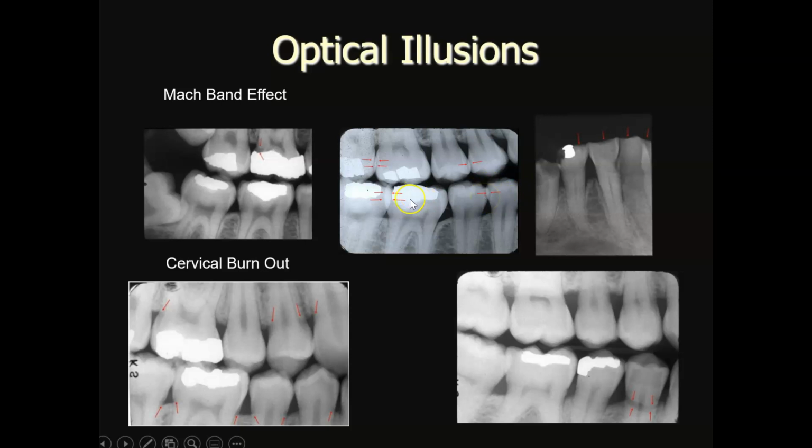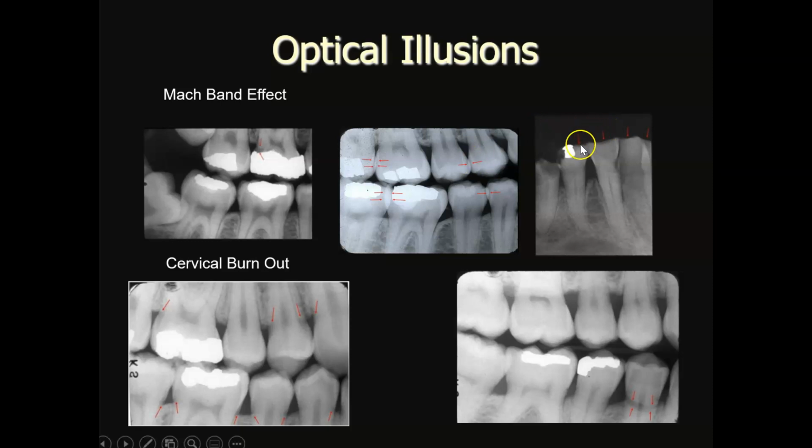When I say it looks like a football, it's because there is actually an edge to it, and the edge looks radiolucent. It looks dark, especially right here. Okay, that's an optical illusion. There isn't a dark edge. It's just that the radiopaque is so intensely white, it makes the edge of it look dark. So there's not a cavity there. That's just an optical illusion.